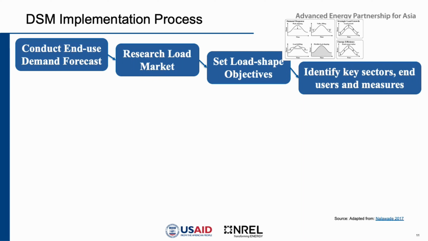Second, we undertake a load and market research to identify end-use patterns and potential market barriers. The third step is to define objectives in achieving the desired load shapes. And then fourth, which sectors and end users will be targeted and which measures will you use to target them?